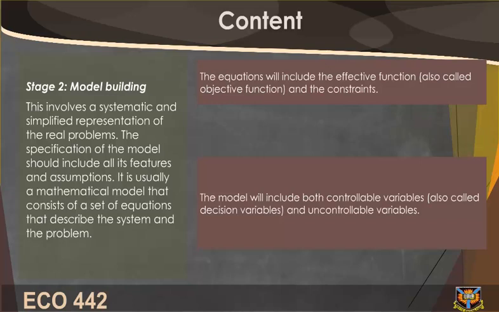It is usually a mathematical model that consists of a set of equations that describe the system and the problem. The equations will include the effectiveness function, also called the objective function, and the constraints. The model will include both controllable variables, also called decision variables, and uncontrollable variables.